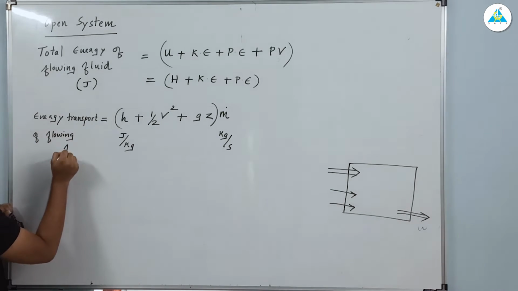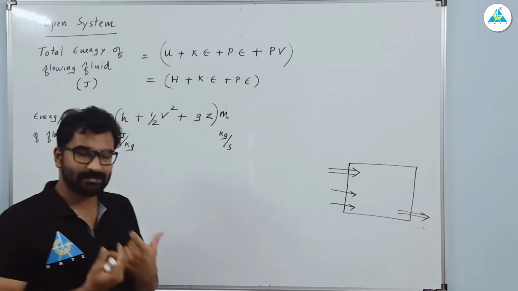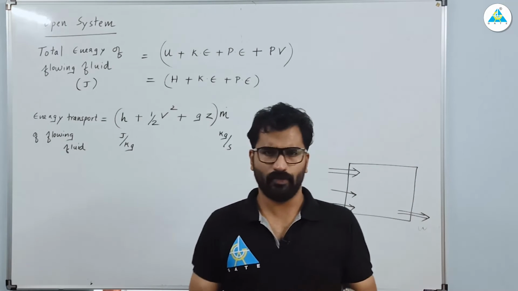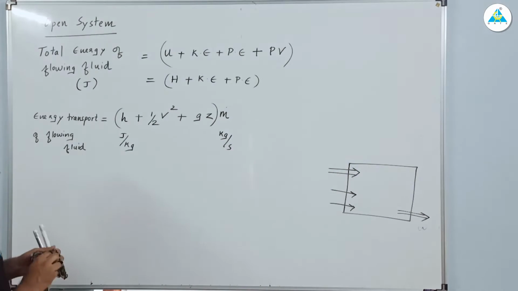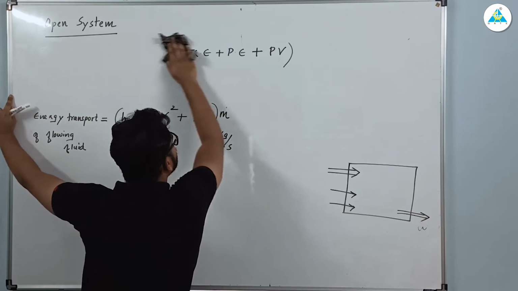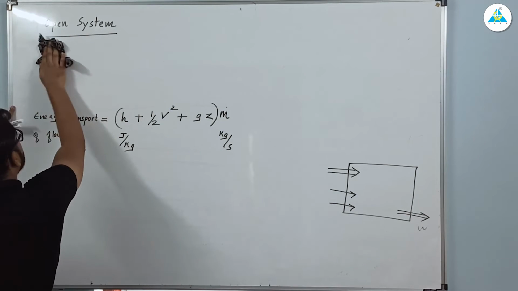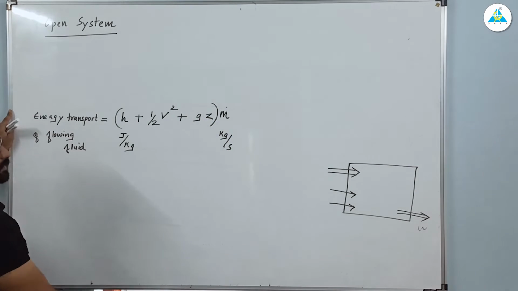If you have a flowing fluid, this is the energy you have. This is the energy carried by a flowing fluid. So up to this is fine. Write this, we will go for the next part. Clear? Up to this is fine.